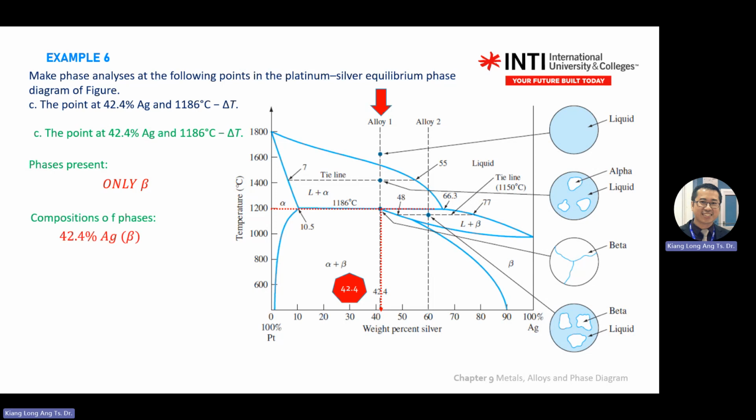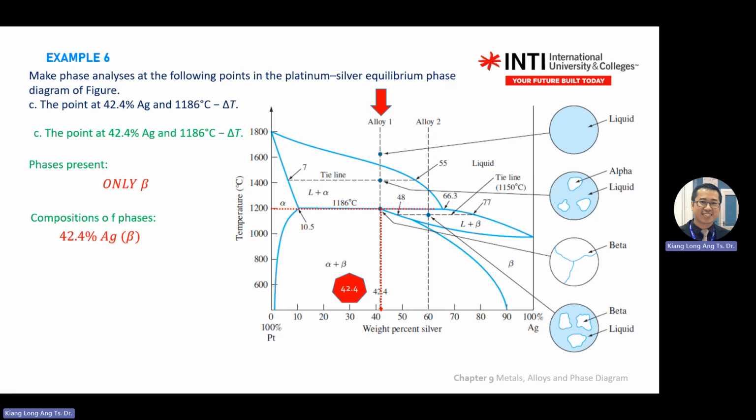Again, this one, 1187, is a peritectic. In a peritectic, you are arriving at one solid on the right-hand side of the reaction. Looking at the question, you are in the zone of liquid plus alpha.